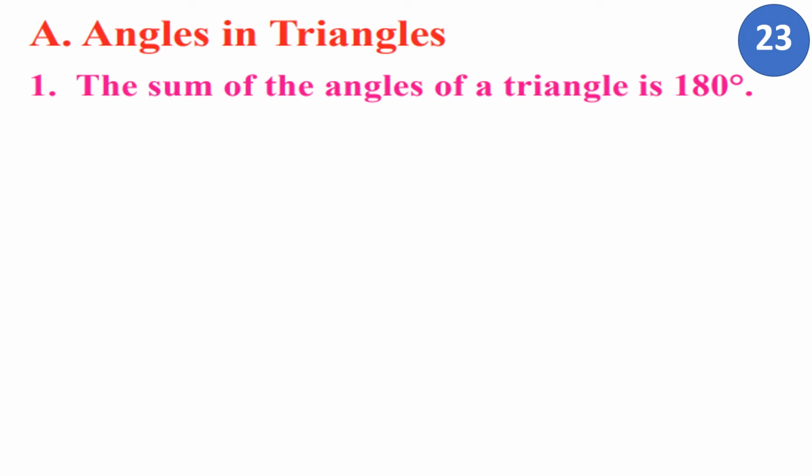Okay, students, open your book, page 23. This is Part A, angles in triangles. Number 1: the sum of angles of a triangle is 180 degrees. Again, the sum of angles of a triangle is 180 degrees.